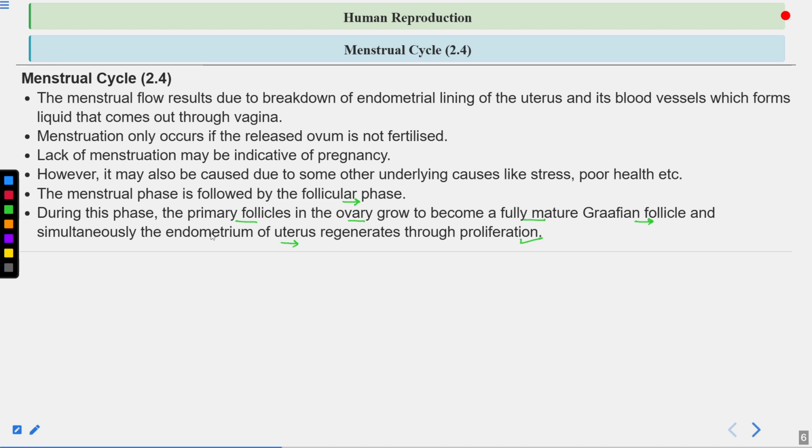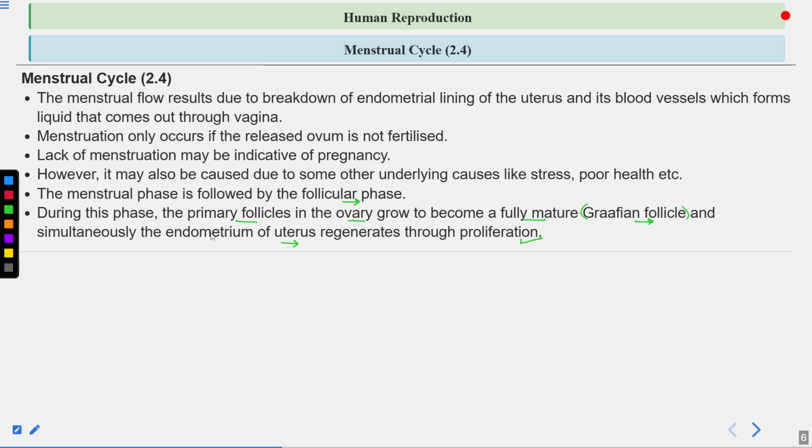In primary follicles, a primary oocyte was present. The secondary follicle also contains a primary oocyte. Then the tertiary follicle also contains a primary oocyte. Then the primary oocyte in the tertiary follicle divides further. It completes its first meiotic division and forms a secondary oocyte. The secondary oocyte is present in the Graafian follicle. Then the rupture of the Graafian follicle occurs and the secondary oocyte is released.